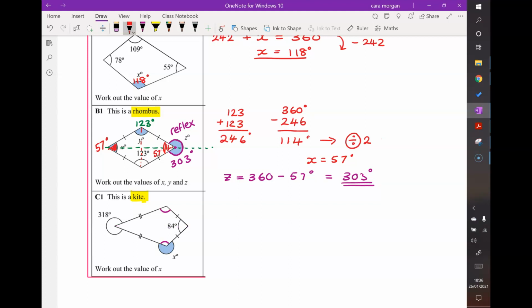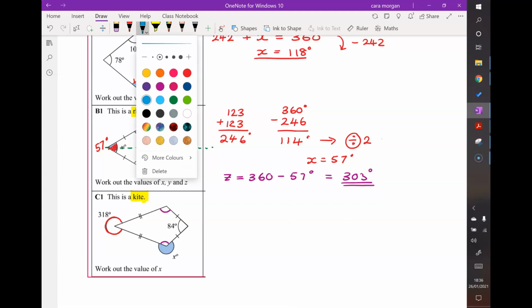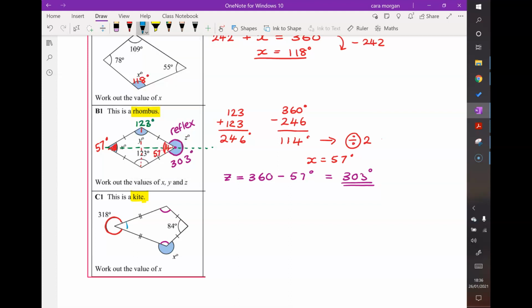Now, I do see that there's a reflex angle all the way around the outside of the vertex on the left-hand side. I think I might work out that first. So I'm going to work out this angle in here by doing 360 degrees, subtract 318 degrees, which is 42 degrees.